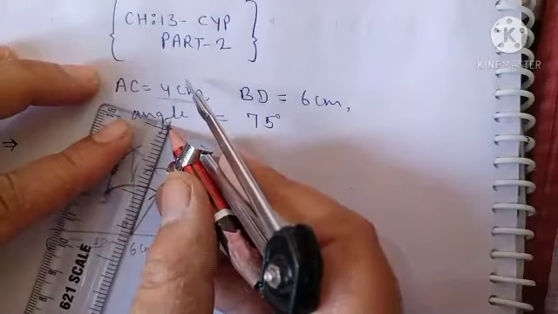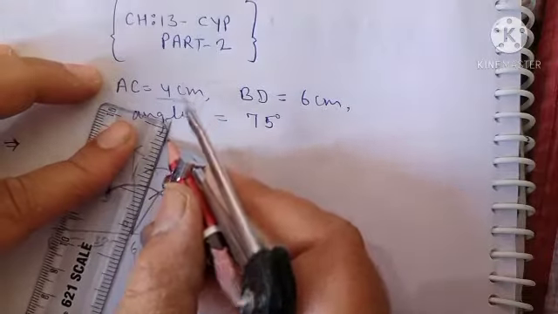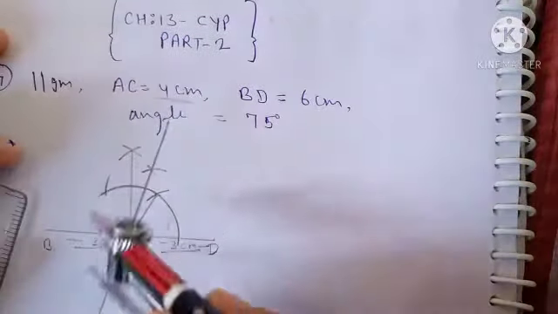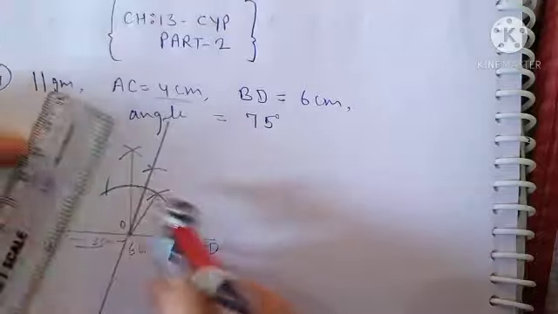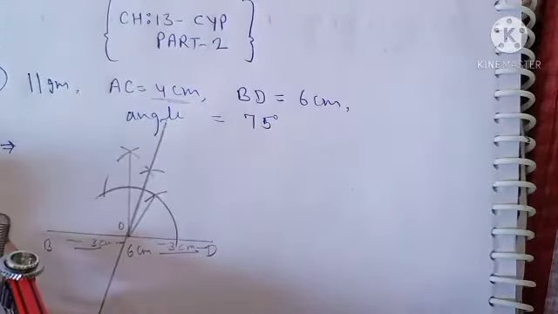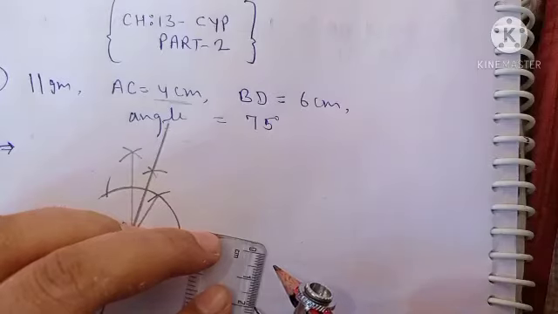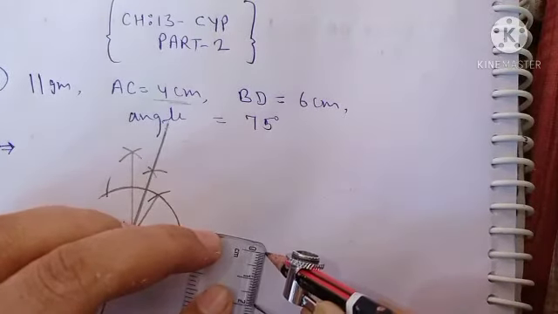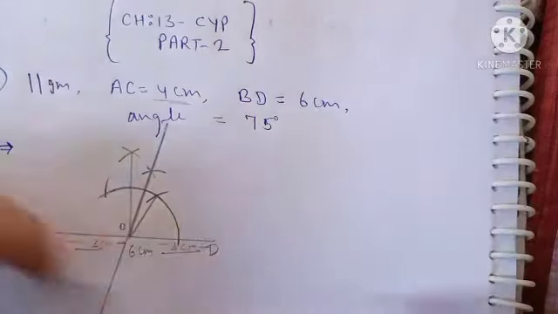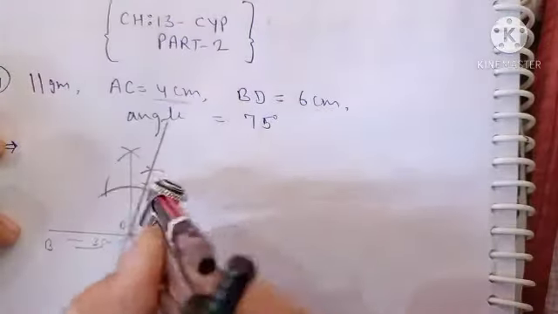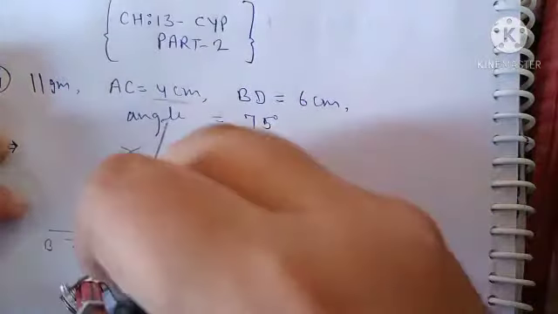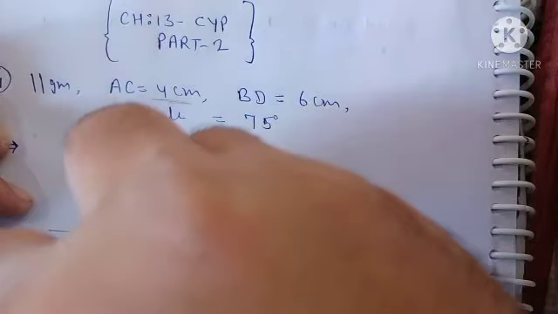First of all we have to extend this line on the other side too. Now we'll cut off OA at 2 centimeter. We'll take radius 2 centimeter here. Okay, now we will cut it off at 2 centimeter here and on the other side too.